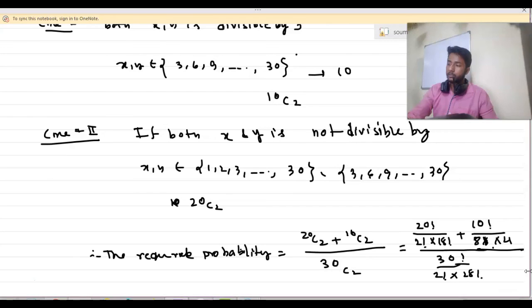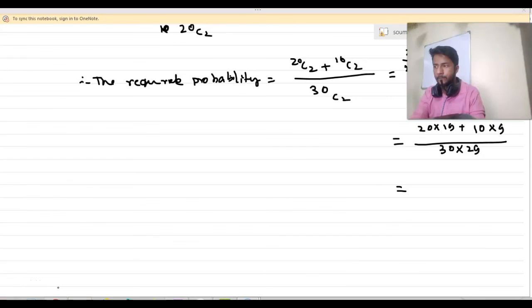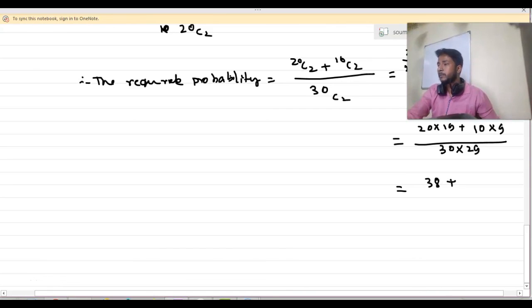So if I am cancelling 2 factorial with this 2 factorial, I can write it as 20 into 19 plus 10 into 9, over 30 into 29. So this is equal to 38 plus 9 by 87. So this is equal to 47 by 87.